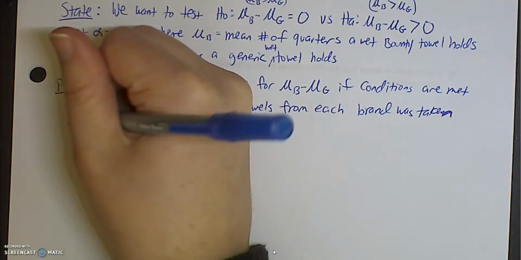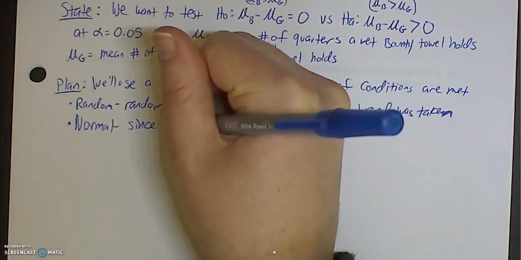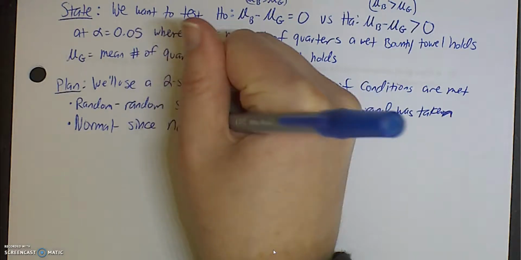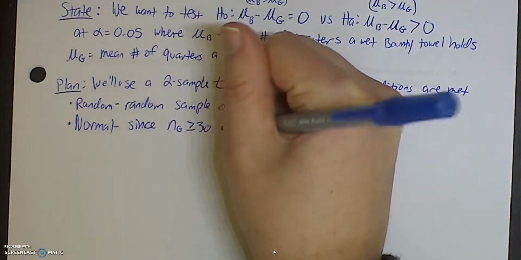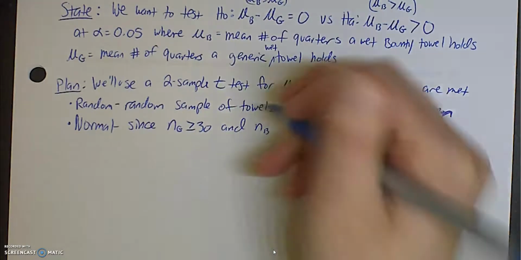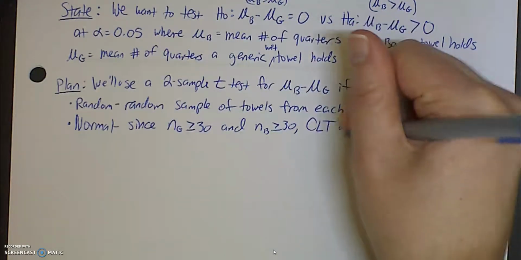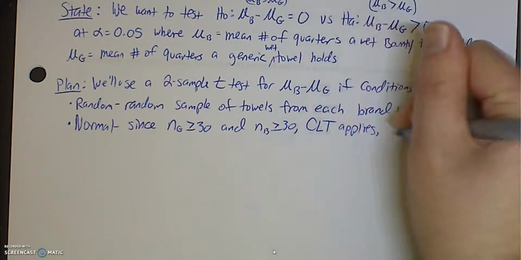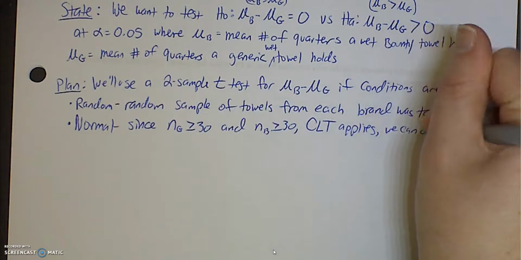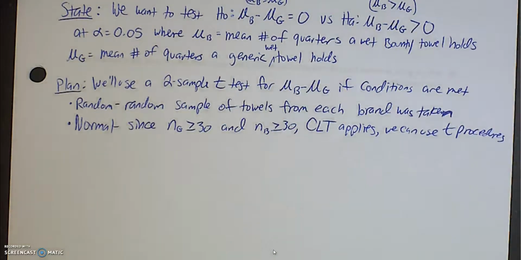So, for normal, since n sub g is greater or equal to 30, and n sub b, so generic and Bounty, greater or equal to 30, central limit theorem applies. We can use T procedures because we know it's approximately normal.